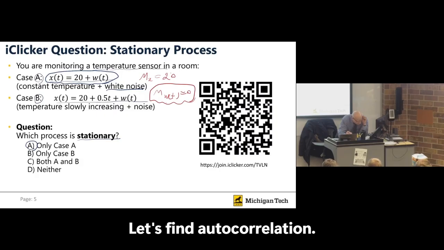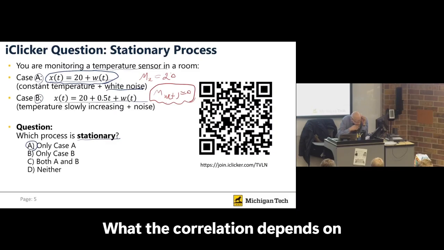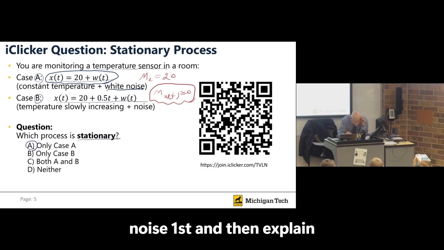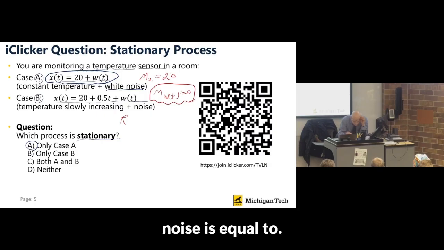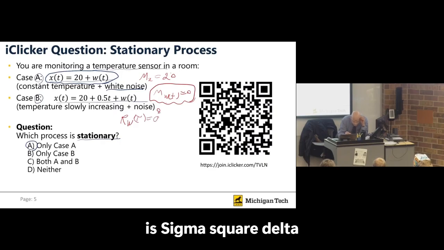Let's find the autocorrelation. Autocorrelation depends on something. I should explain white noise first and then explain this. Anyway, the autocorrelation of white noise is sigma square delta, Dirac function.